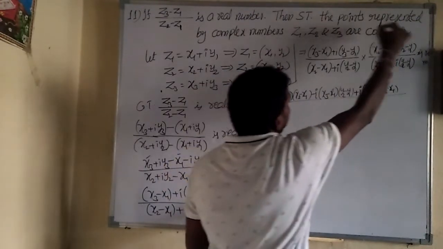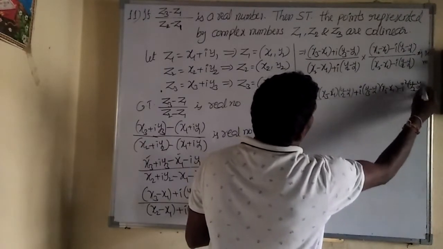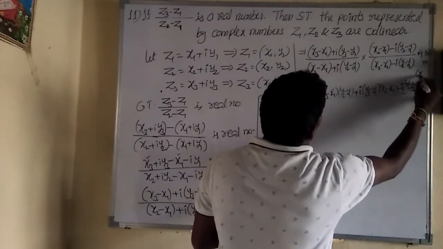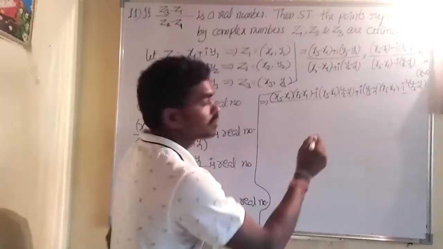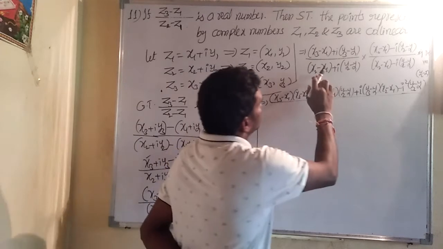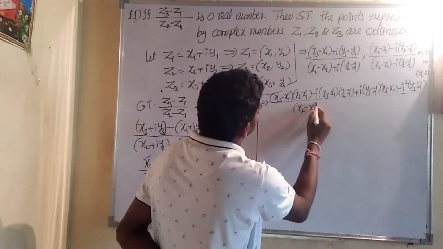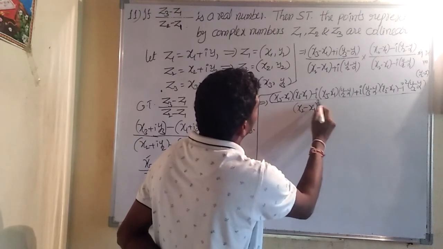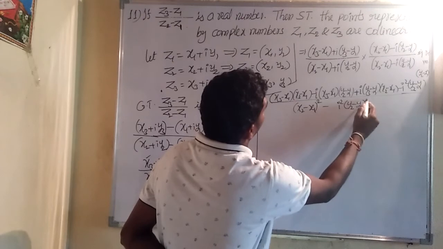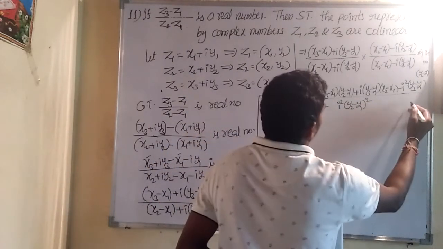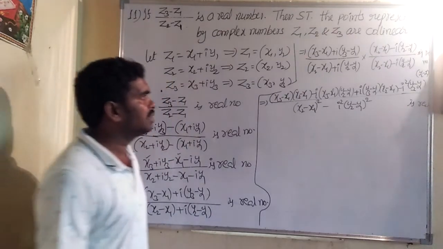Next, i (y3 minus y1) into minus i, so i square (y3 minus y1) into (y2 minus y1), whole by the denominator (a plus b) into (a minus b). So (x2 minus x1) whole square minus i square (y2 minus y1) whole square is a real number.